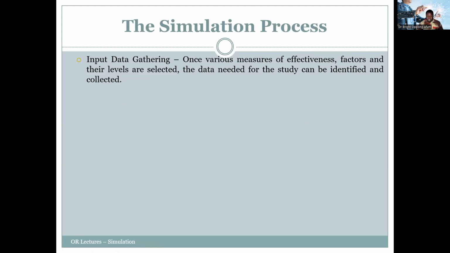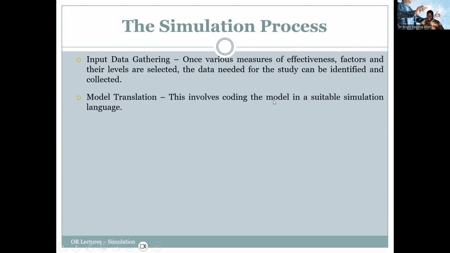They are identified and they are collected. Then we look at translation of the model, where we code the model in a suitable simulation language. So any language of your choice, we begin to code them.